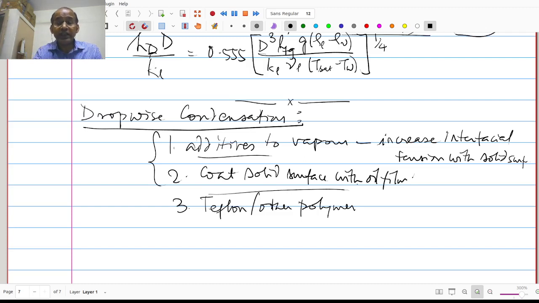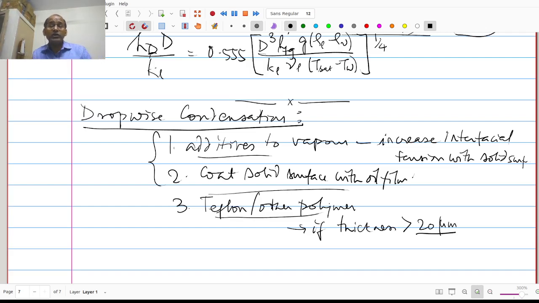But the problem is, if the thickness of the coating is more than 20 micrometers, then because these polymers also have a poor conductivity, the resistance that is offered by the coating more than offsets the gain that you get in heat transfer coefficient.